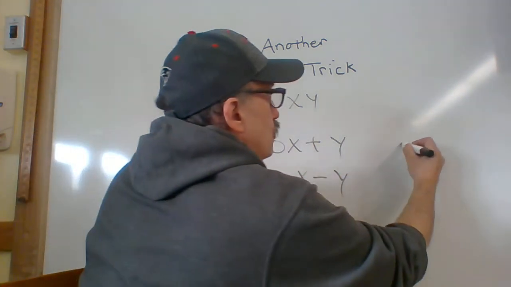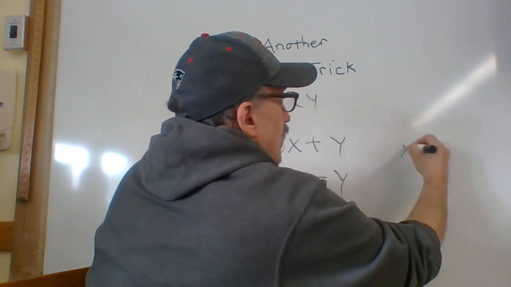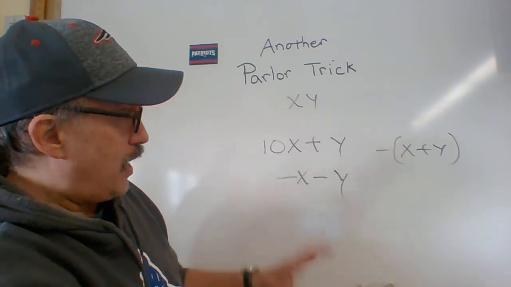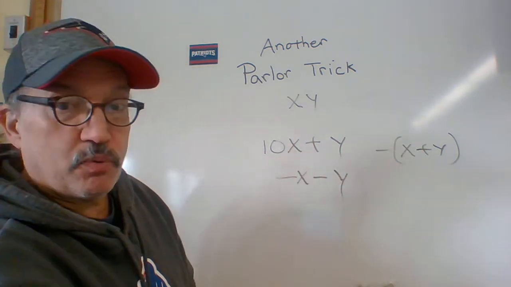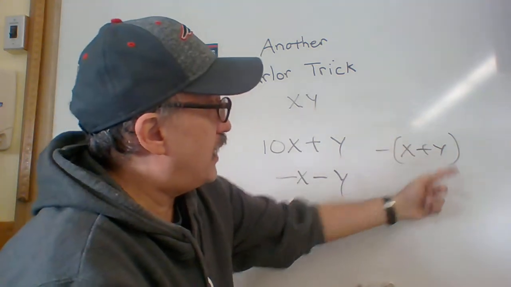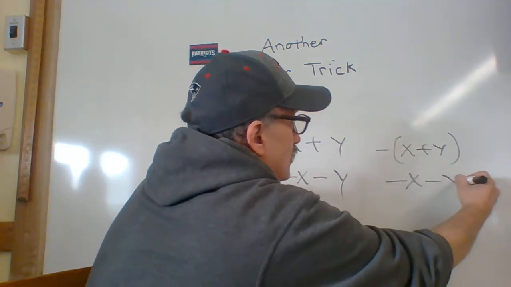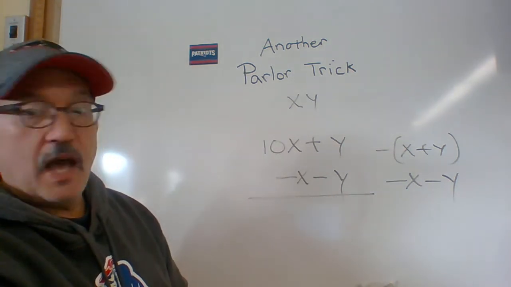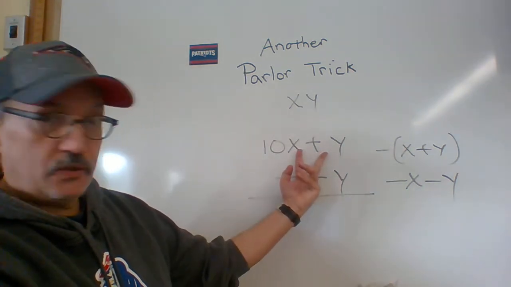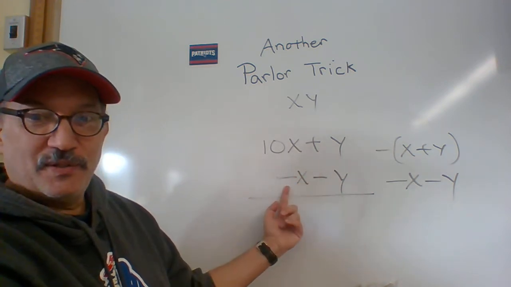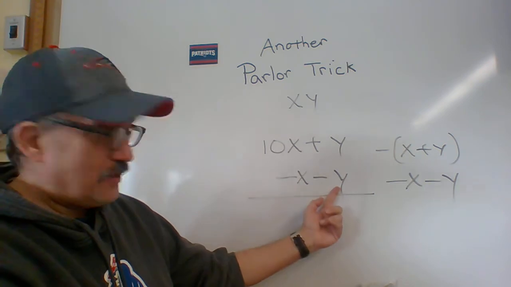Okay, if you are trying to subtract x plus y, you need to think of that x plus y in parentheses and apply the distributive property to the minus sign. This negative sign out here changes the sign of each of these in here and makes it this. Now we can easily subtract. This is the original number, and we are subtracting the sum of the digits. Subtracting the x, subtracting the y.